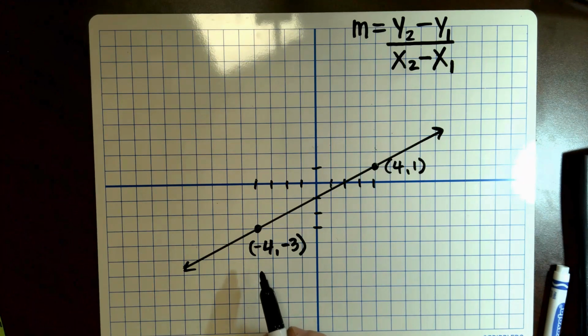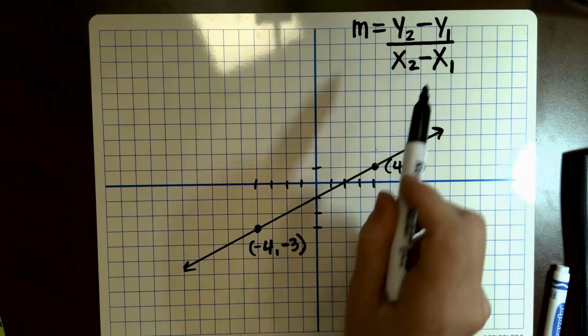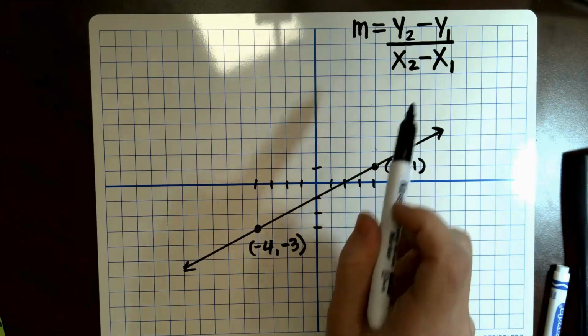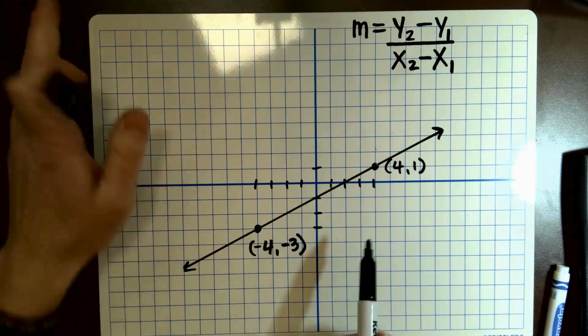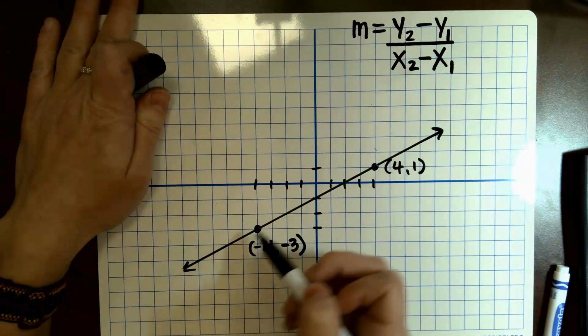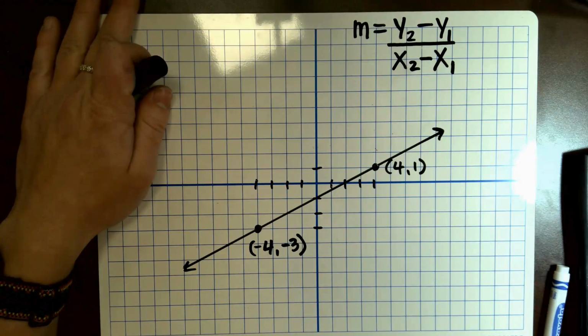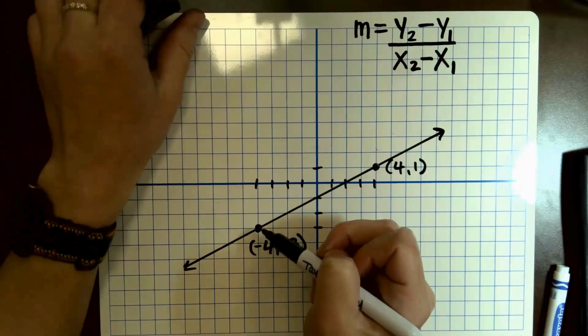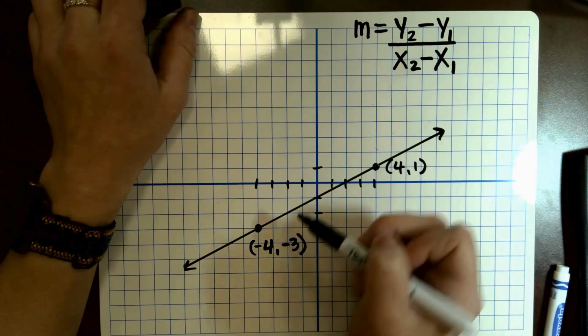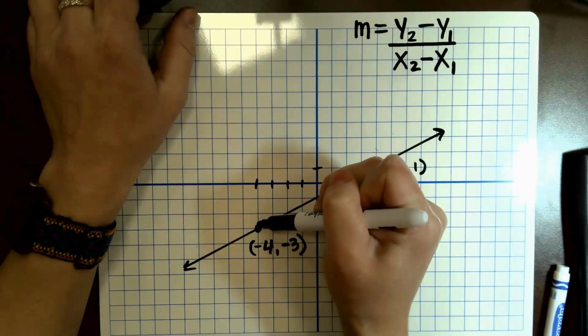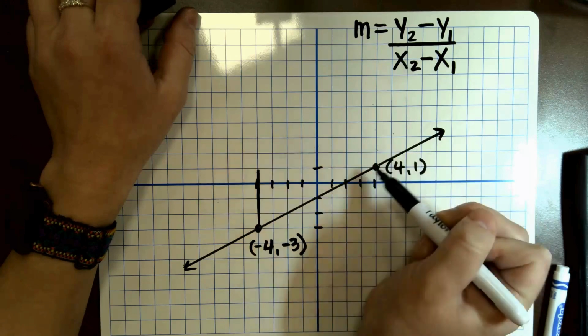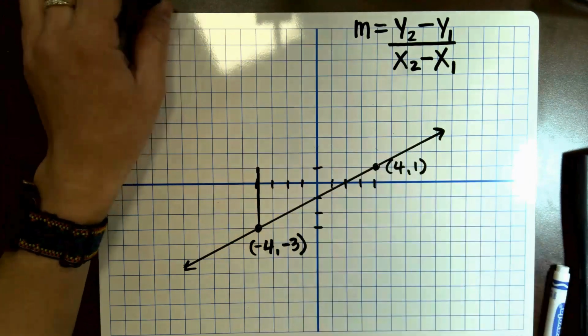But if we have a picture of a line, we don't necessarily have to use that formula just yet. We could just count our points, okay? So since our line is pointing upward, I know I'm gonna have a positive slope. So I'm just gonna count my rise and count my run. My rise is wherever it goes up to, and it looks like it goes up to y = 1.